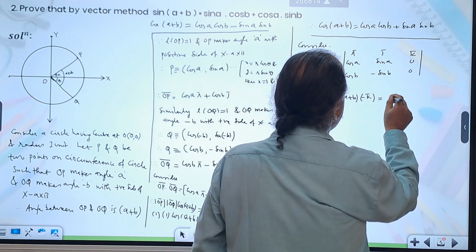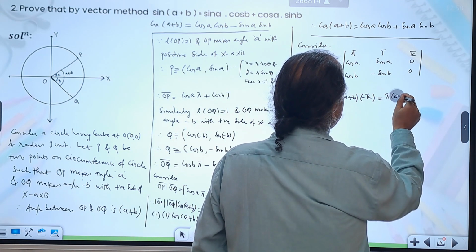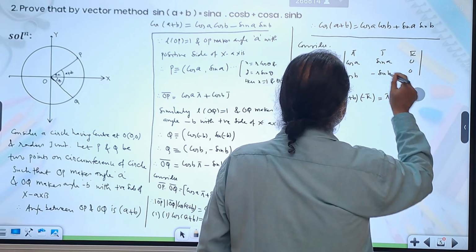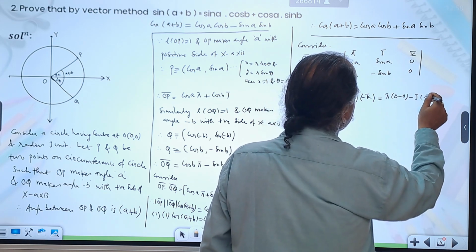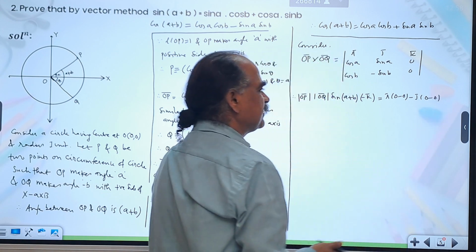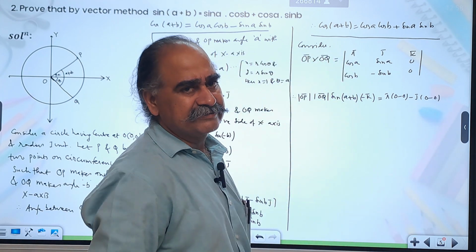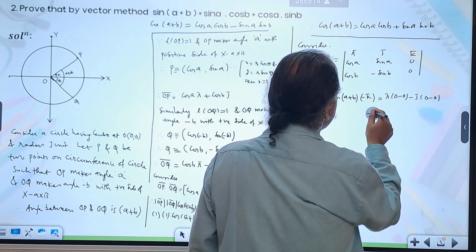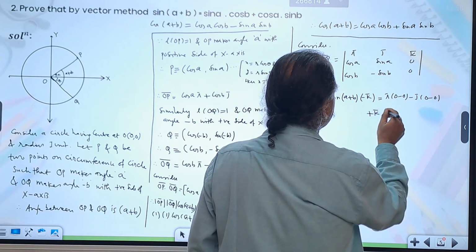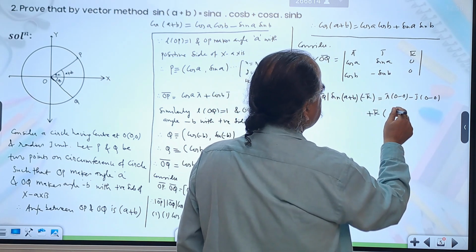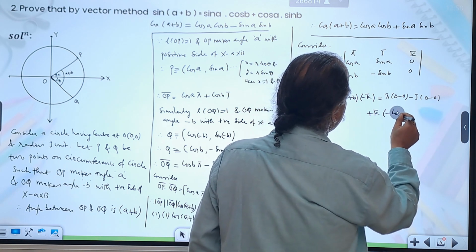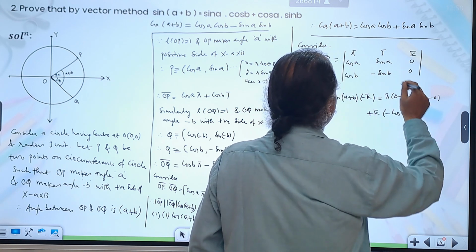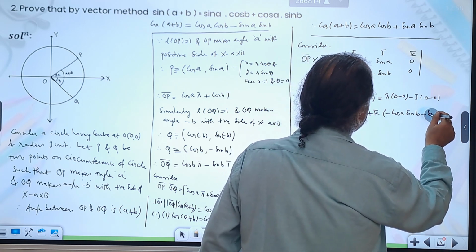And on this side you will get i (0 minus 0) minus j (0 minus 0). i and j will not be there because it lies in the XY plane, plus k bar into (cos A times minus sin B minus cos B sin A) minus sin A cos B.